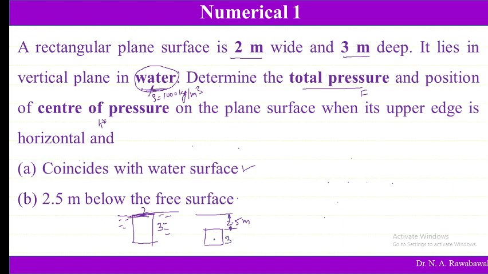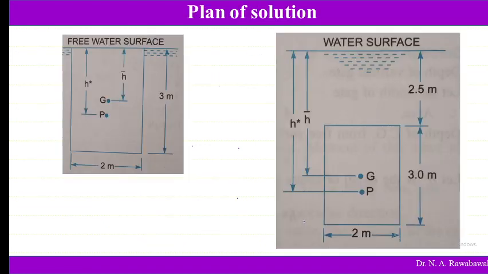Same rectangle having same dimensions. Once it is submerged, its one edge coincides with the free surface of water, and in the second case its upper edge is at a distance of 2.5 meter from the free surface. So now we will see this example. A rectangle having 2 meter width and 3 meter depth is submerged in water such that its edge coincides with the free surface.